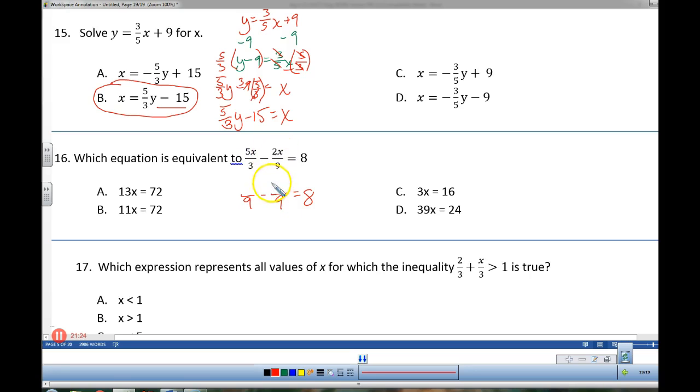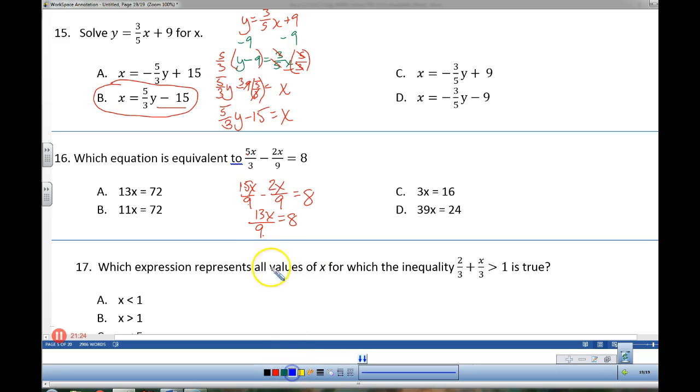So my second fraction doesn't change. My first fraction changes though. How did I go from 3 to 9? I multiply by 3. So I got to multiply the top by 3 also. 3 times 5x is 15x. Now I have a common denominator, so my denominator when I add them is going to be 9. Actually, I'm subtracting here. 15x minus 2x is 13x over 9 equals 8.